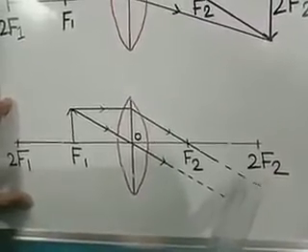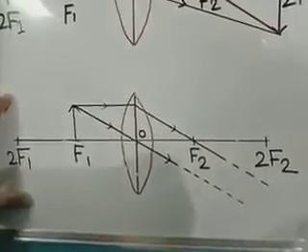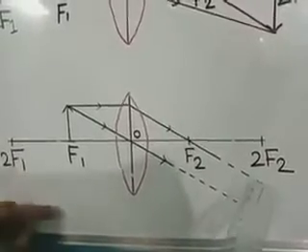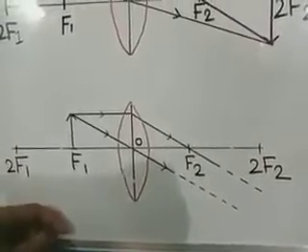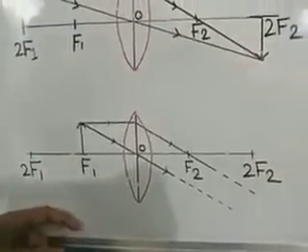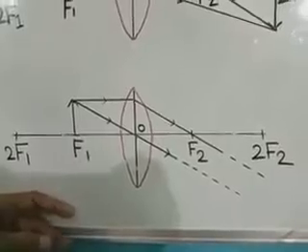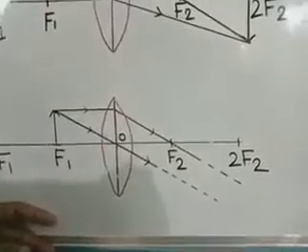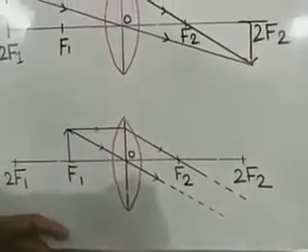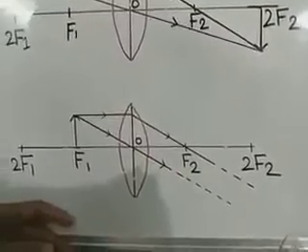As you know, parallel rays never meet each other, but we will consider they meet at infinity. So the image will be formed at infinity. It is real and considered to be inverted, and the size will be highly magnified.